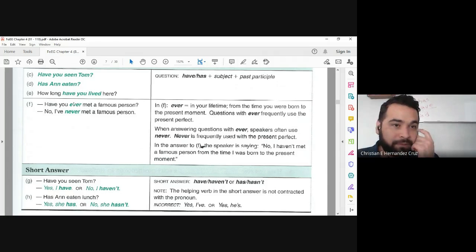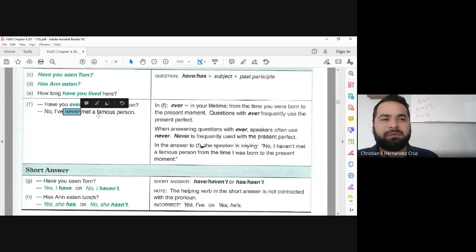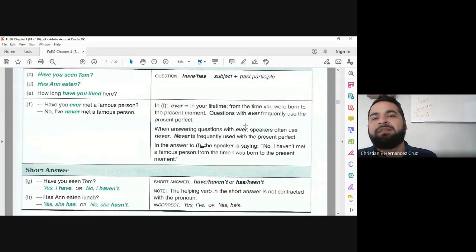Okay, so we can use ever or never. I think we've already discussed the use of ever and never. Basically, ever means in your lifetime from the time you were born into the present moment. So questions with ever frequently use the present perfect. When answering questions with ever, speakers often use never.